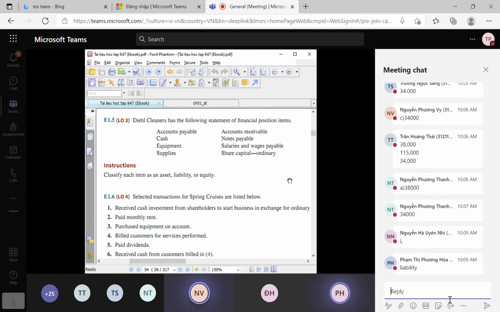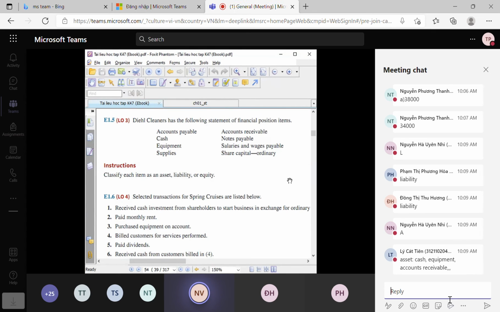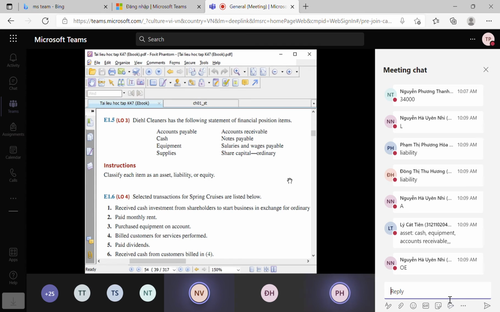Cash, it means asset, right. Equipment. No, equipment is asset, not equity.